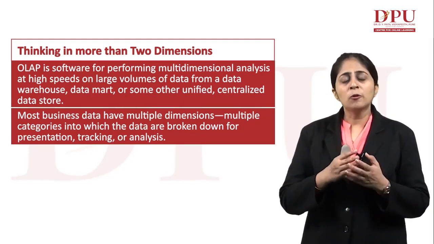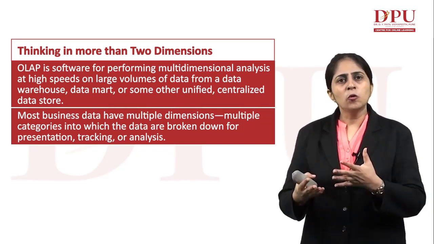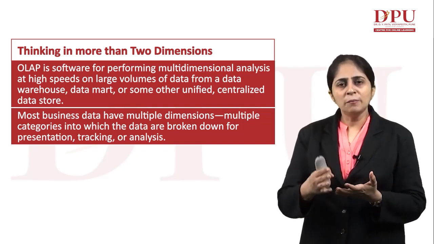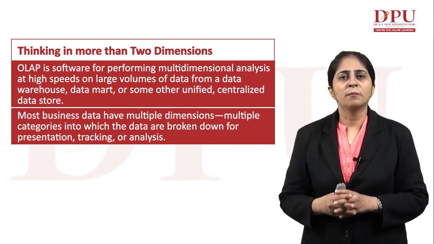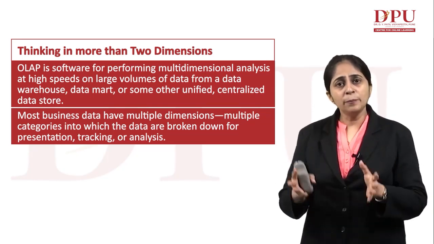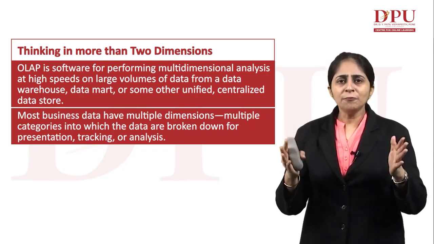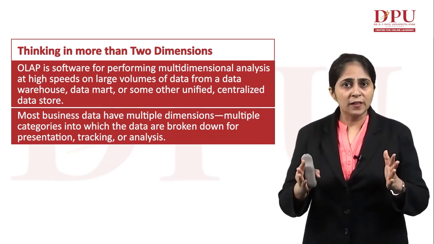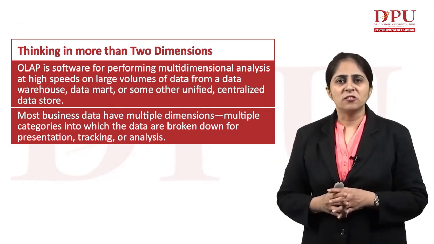Clothing is a product. The clothes can be for men, women or children, and they can be of any particular brand or type that we want to analyze, and more. So even for a sales figure, we can analyze the data from a number of dimensions.